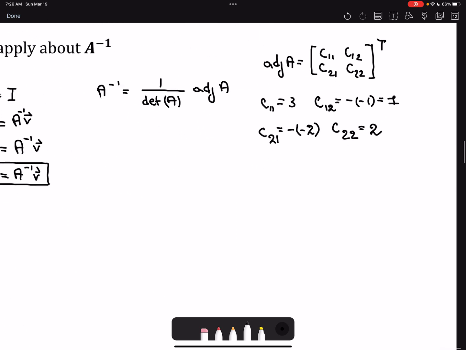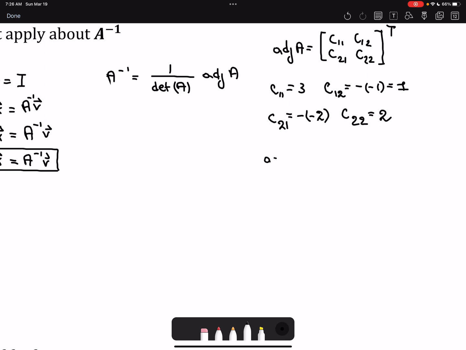Okay, so now I can say that the adjoint of A is equal to 3, 1, 2, because the negatives cancel out, and 2. And then I need to transpose it. Transposing it, the diagonal will stay the same, and we'll have this.